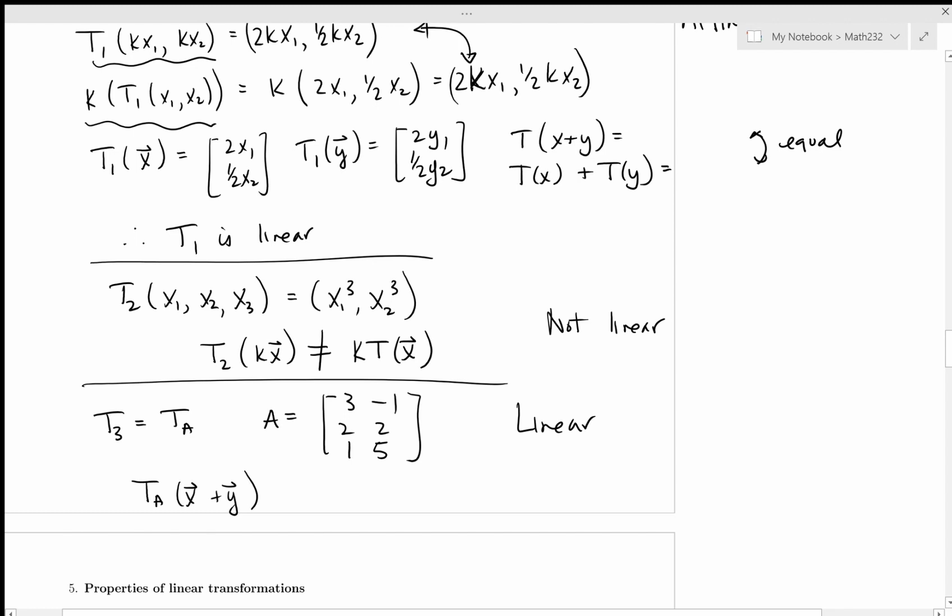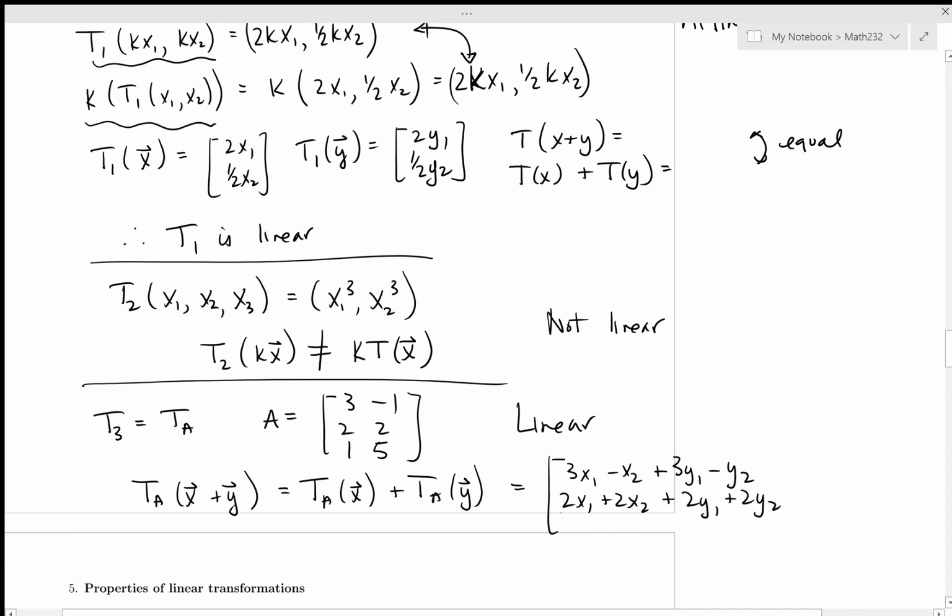Compute TA of x plus y, and then confirm that that is the same as TA of x plus TA of y, which when I did this, I got this thing here: 3x1 minus x2 plus 3y1 minus y2, 2x1 plus 2x2 plus 2y1 plus 2y2, x1 plus 5x2 plus y1 plus 5y2.